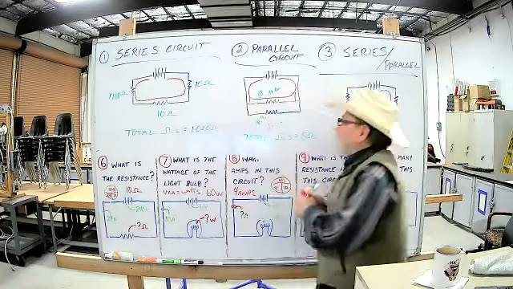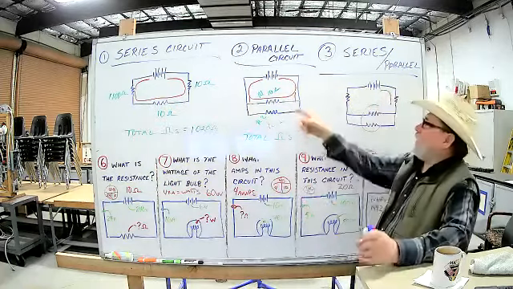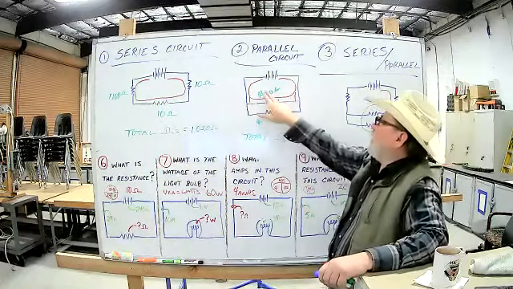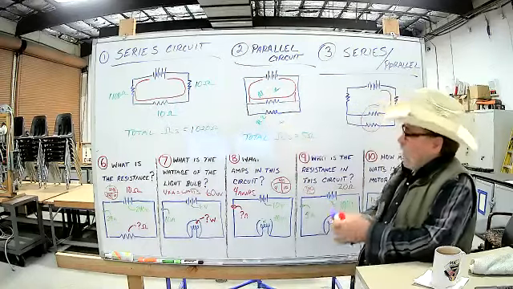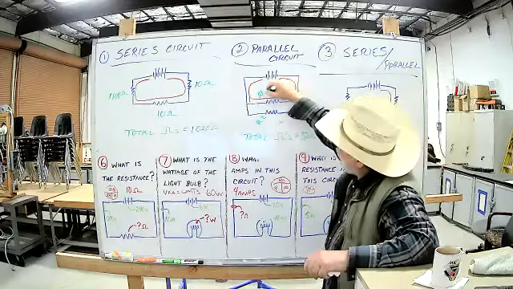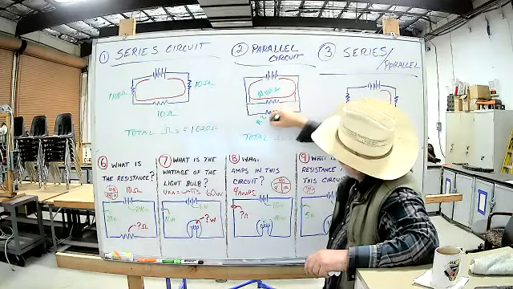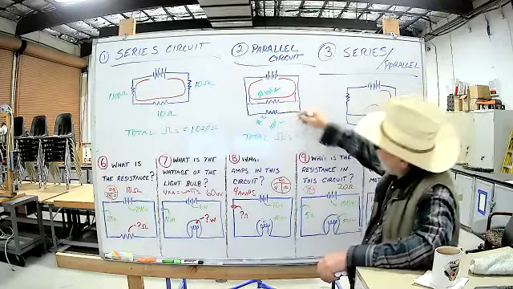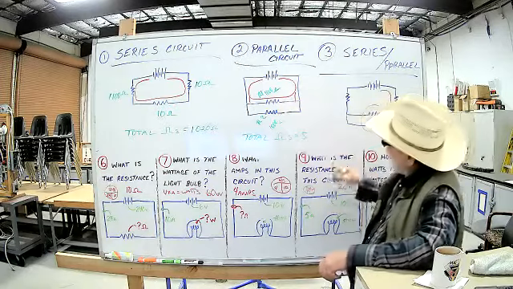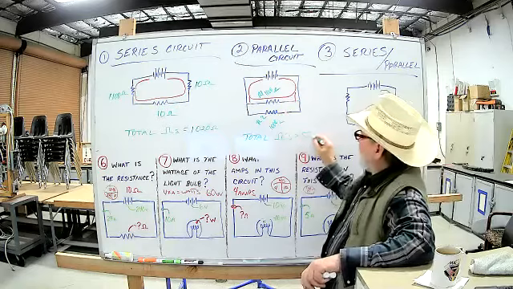Because that's the trick. I don't care if this was, well, let's make these 1,000 ohms and 1,000 ohms. Half of 1,000 is going to be 500.